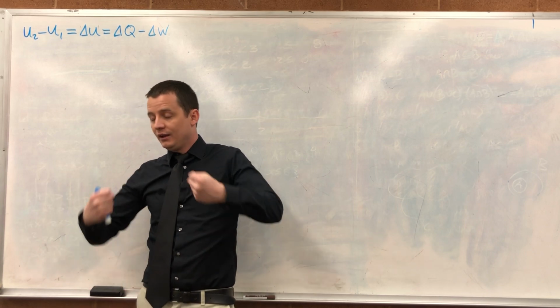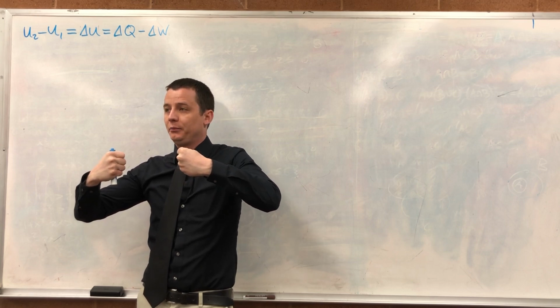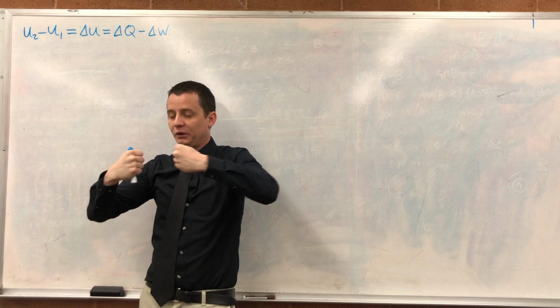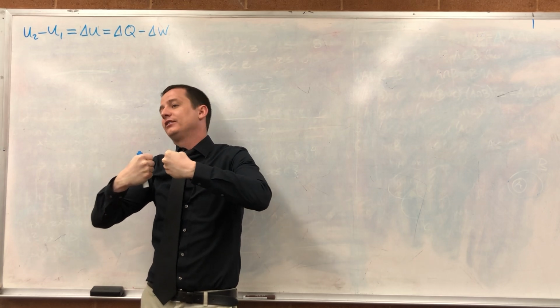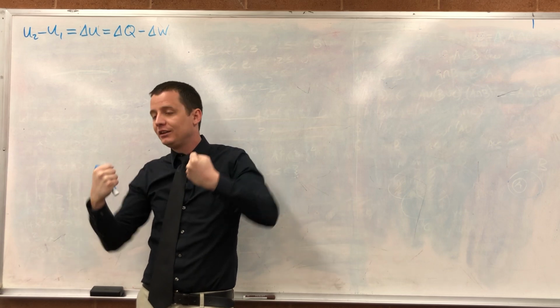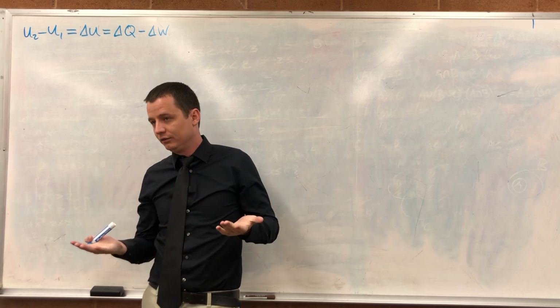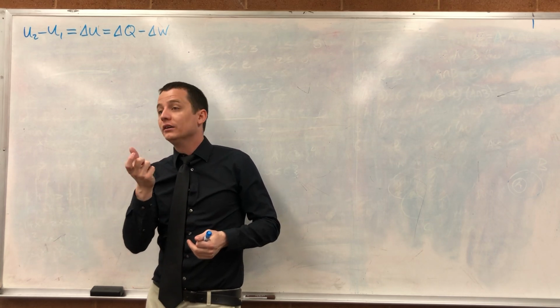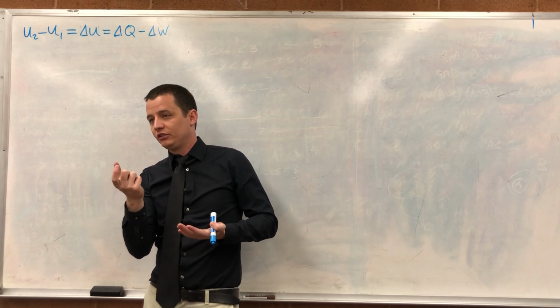Some of the systems, we thought about them as atoms vibrating on a spring. As a spring compresses, that stores up some potential energy, and as it contracts, that releases that potential energy and converts it into kinetic energy. So you can see how vibrating atoms in a solid would have some potential energy.